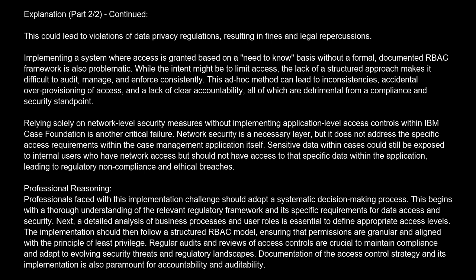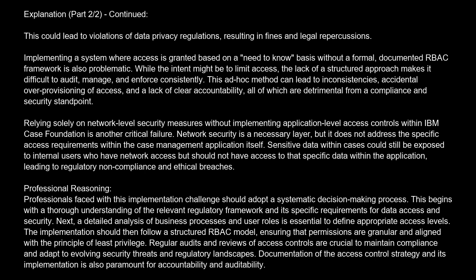Professional reasoning. Professionals faced with this implementation challenge should adopt a systematic decision-making process. This begins with a thorough understanding of the relevant regulatory framework and its specific requirements for data access and security. Next, a detailed analysis of business processes and user roles is essential to define appropriate access levels.